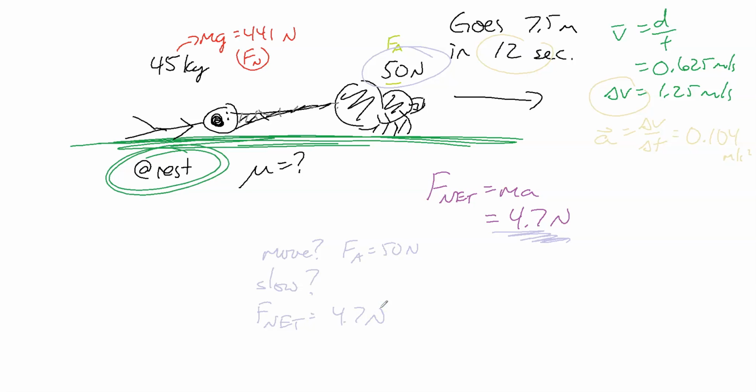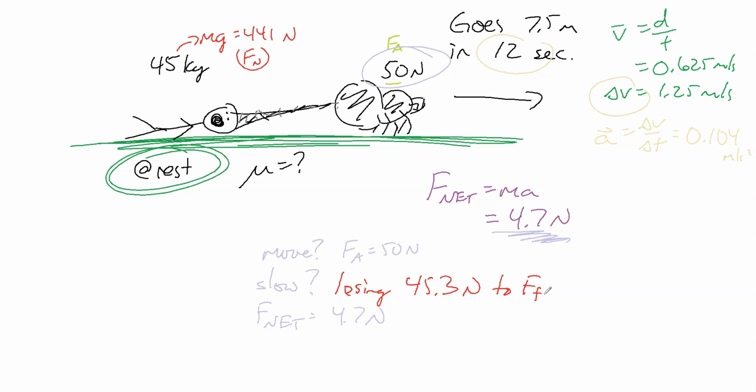So the spider's pulling with 50, but it's only getting 4.7. I must be losing the difference, 45.3 newtons, to friction.